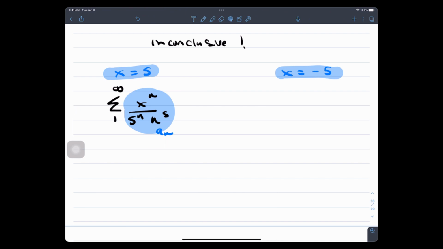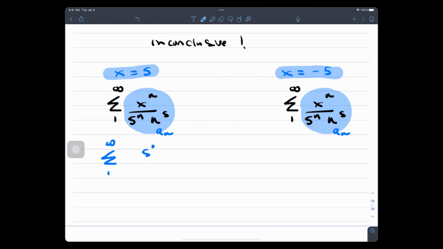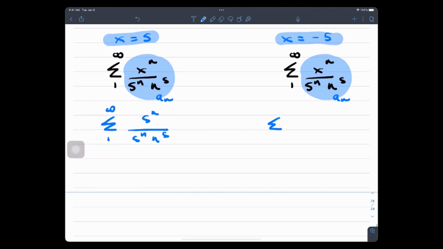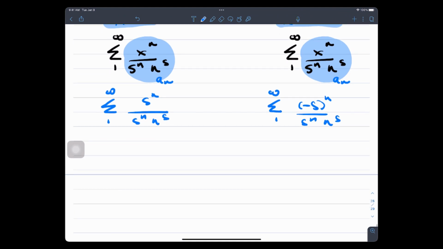Okay, so this is how you check your endpoints. Plug those in. Sum from 1 to infinity, this is 5 to the n over 5 to the n to the 5th power. Over here, I have the sum from 1 to infinity of -5 to the n over 5 to the n to the 5th power.